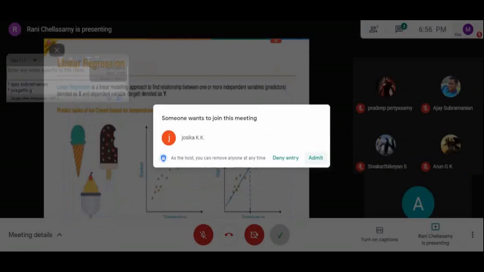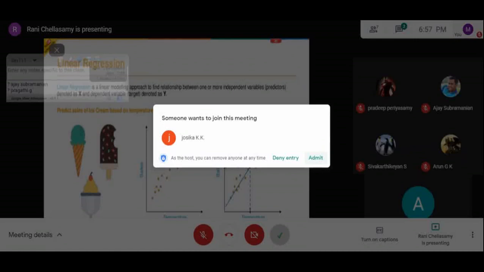Linear regression is a linear modeling approach to find the relationship between the dependent and the independent variables. The independent variables are called predictors, and the dependent variable y is called the target, that is the response variable. You can have a problem like predicting the sales of ice cream based on the temperature. For this, you can apply the linear regression algorithm.